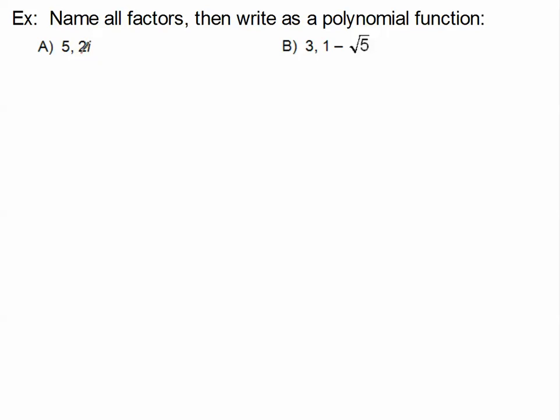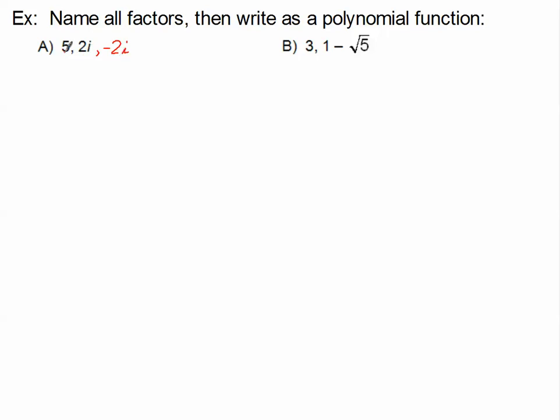If 2i is one of our solutions, that's clearly imaginary because I see the little i. If 2i is a solution, then negative 2i would also have to be a solution because this first one is 0 plus 2i, so its conjugate 0 minus 2i has to be there as well. Remember, imaginaries will always occur as pairs. So now it's clear that we have 3 roots.